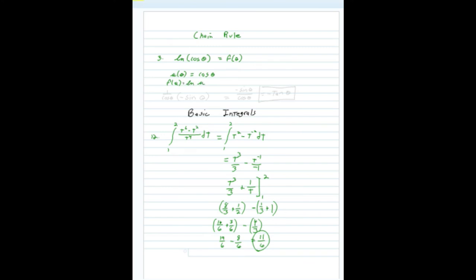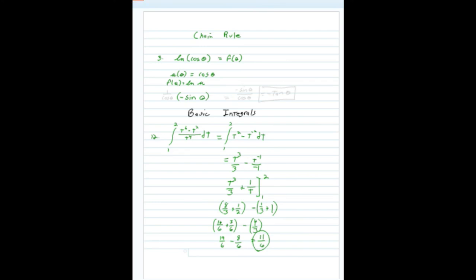Okay, and then the chain rule says take the derivative of u of theta and multiply that by the derivative of f of u, but make sure you make the substitution of u of theta equals cosine theta in. So the derivative of cosine of theta is negative sine theta. And the derivative of ln of u, the natural log of u, is 1 over u.